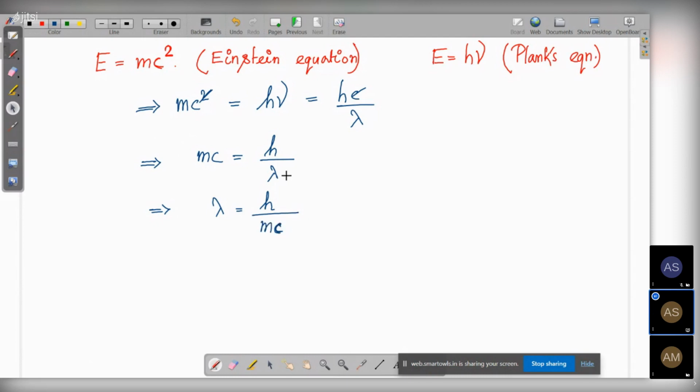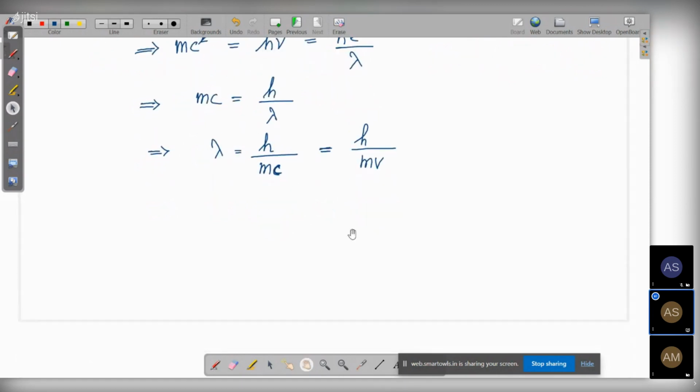Now the thing is, nothing moves with the speed of light. It moves with a different velocity. So replace this c with a velocity v, and you get λ = h/mv.